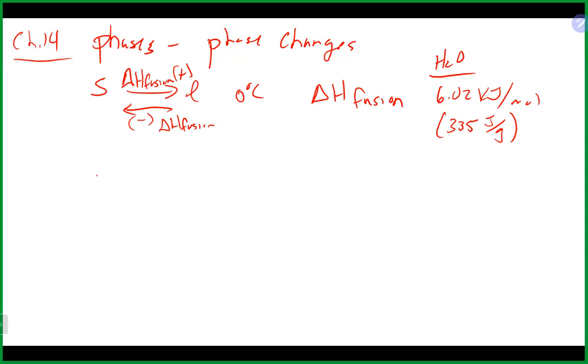Also, as we go from liquid to gas and gas back to liquid, that also occurs at the normal boiling point of a substance. And again, for water, that is 100 degrees Celsius. There's also a certain amount of energy required to do that, which is the delta H of vaporization, and again, the normal boiling point is where that occurs.